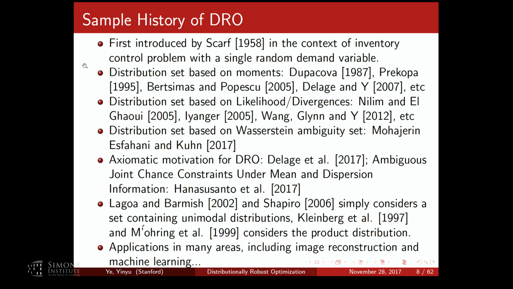Then there were many ways to construct D, the possible distributions. If you have a likelihood distribution, you have a divergence, then you have the Wasserstein ambiguity set. This has all been achieved, and they also found a very rich connection to machine learning, game, Markov decision process. Okay.